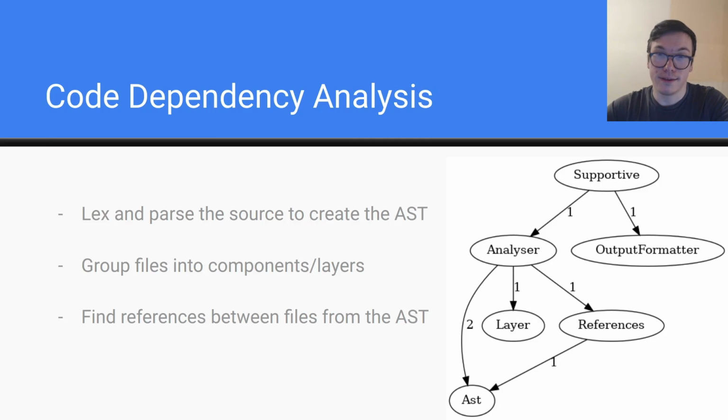Because they are somehow using the layer component inside of them. So I might want to run my integration testing for the analyzer and supportive components. But I still can get away with not running any tests of output formatter, AST, or references, because my changes in the layer cannot possibly have any effect on those other components.